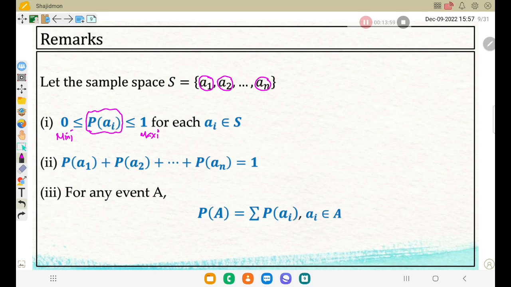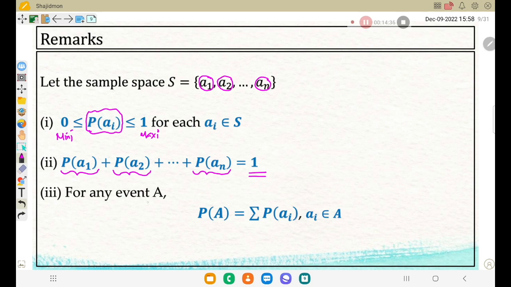Now, if you add the probabilities of each outcome, the probability of A1, the probability of A2, the probability of A3 and up to the probability of AN, that is, the probabilities of each outcome in the sample space, what answer do you get? Equal to 1. So the sum of the probabilities of the simple events, or single outcomes, should always be equal to 1 here.